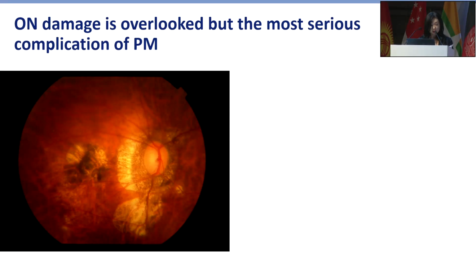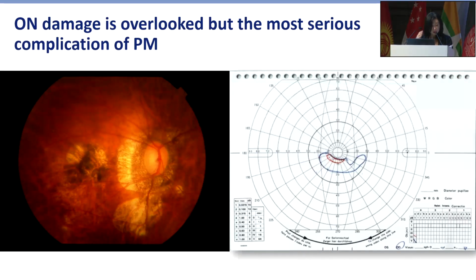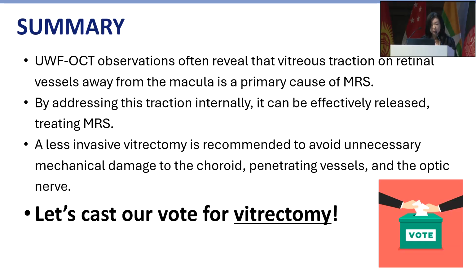This 60-year-old woman was misdiagnosed with macular atrophy, and by the time she was referred, her visual field was severely compromised. She was barely able to walk. Optic nerve damage develops earlier than in non-highly myopic glaucoma, risking complete vision loss during productive years. So preventing further damage to the optic nerve is important.